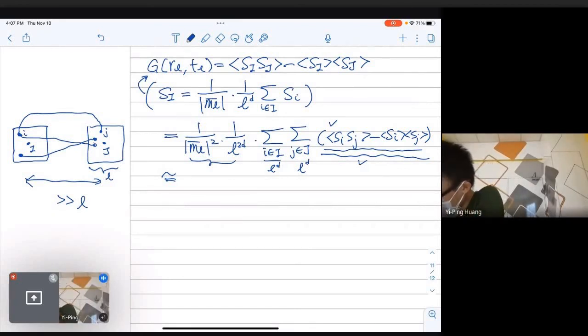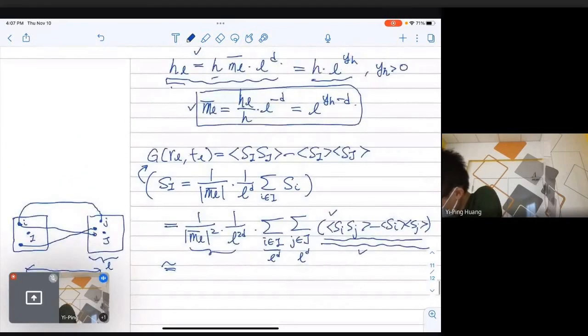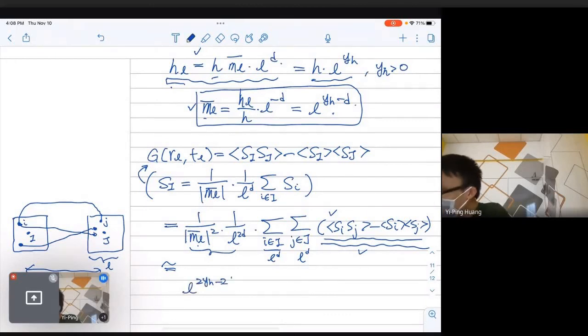So here is the approximation that we assume that this R_L is much larger than L. So what we got is, just let me write down everything. So M_L bar is related to this L to the y_h minus D. So I will have L to the 2y_h minus 2D here.